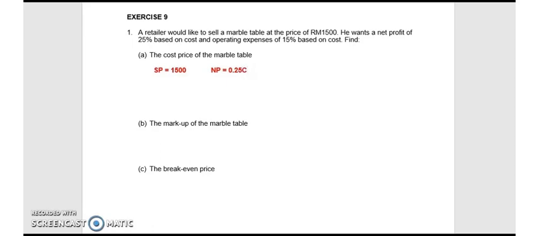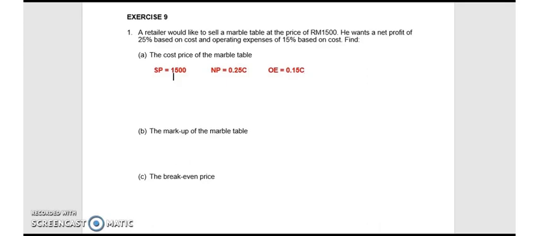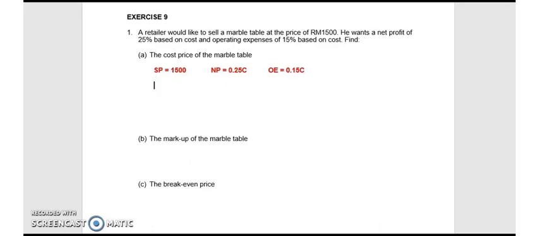And operating expenses of 15% based on cost. So here you can write OE equal to 0.15 C, which means 0.15 multiplied by C. Find the cost of the marble table. Normally students' problem is which formula to use.